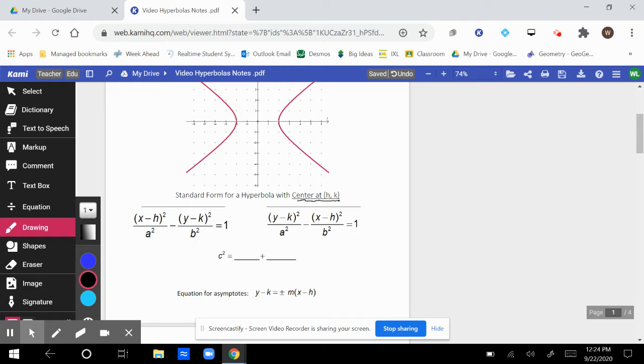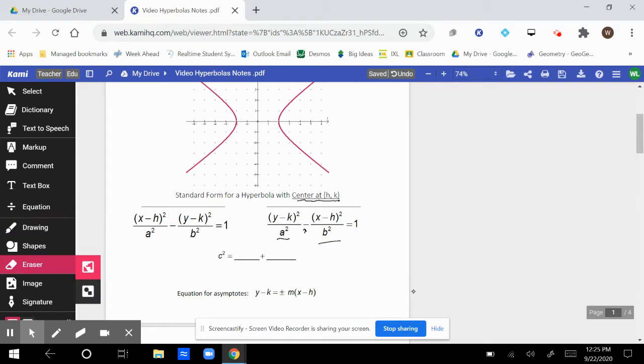For an ellipse, both the x term and the y term were positive, so we always just put x first. But now one of them's positive, one is negative, so you put the positive one first. So you see it's either (x minus h) squared over a squared minus the y term, or the reverse, which would be y comes first minus the x term.